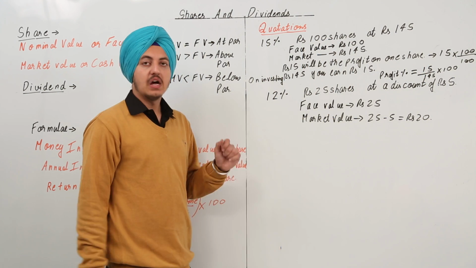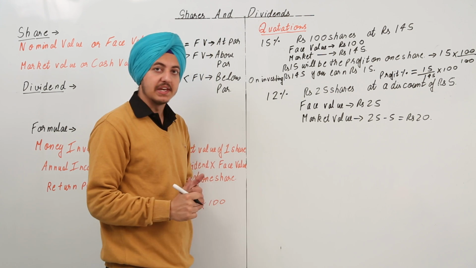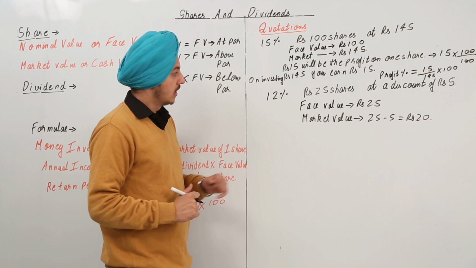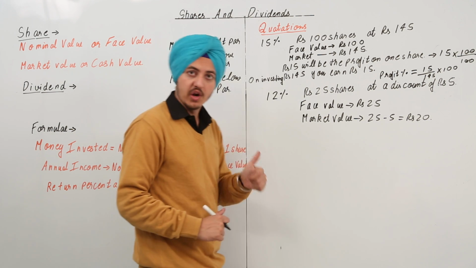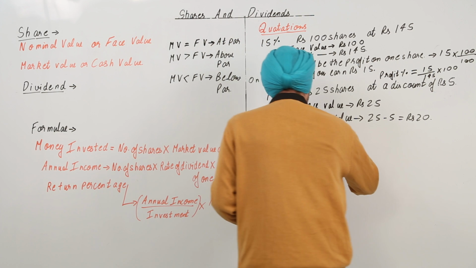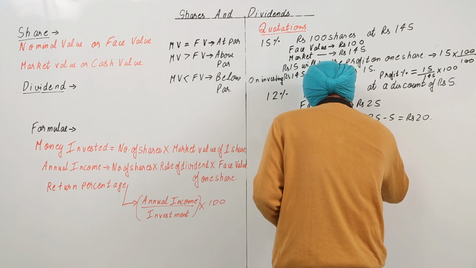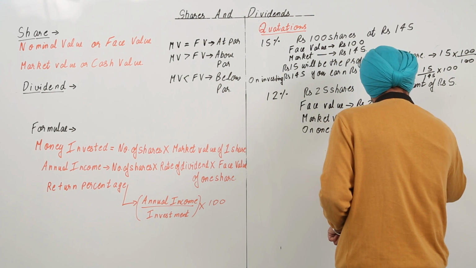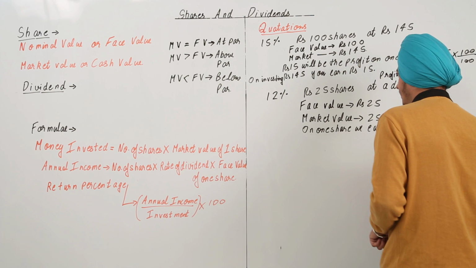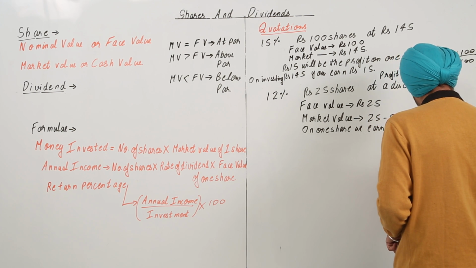Now first we have to calculate how much money we earn. 12% of 25 is the earning on one share, so on one share we earn 12 upon 100 into 25.